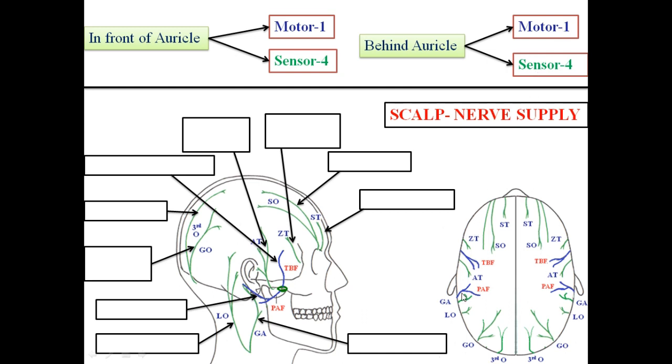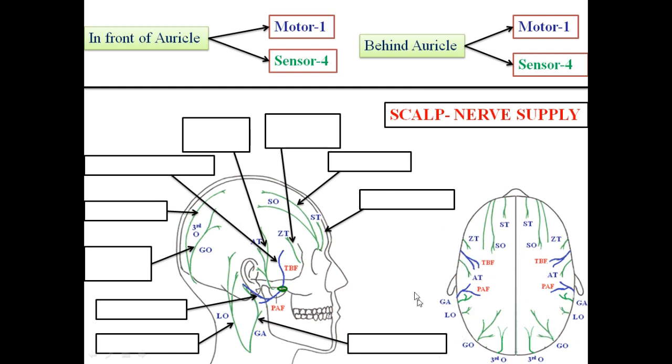You can see here very clearly, these are the 2 motor nerves: the temporal branch of the facial nerve and the posterior auricular branch of the facial nerve. These are motor, and the rest of the nerves are sensory in nature.